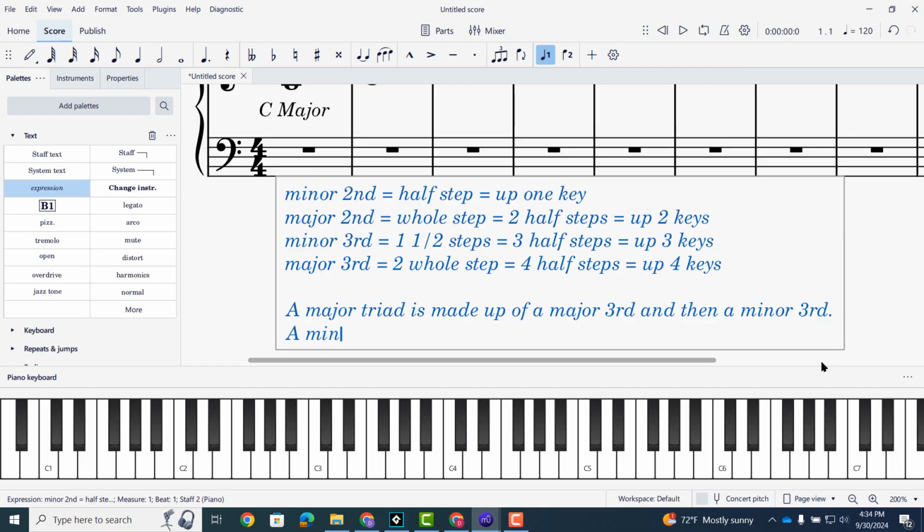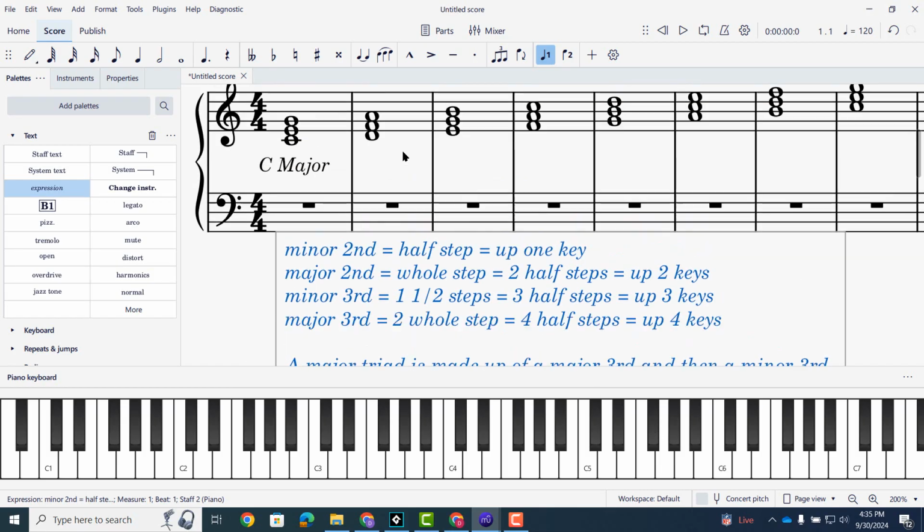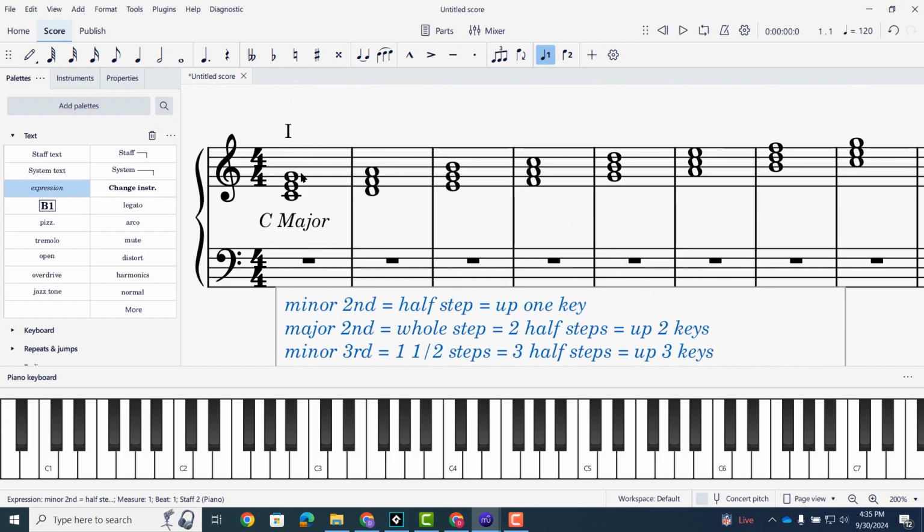We can say a minor triad is made up of a minor third and then a major third. So it's just flipped over from what we learned in the last one. So you start with a minor third, but then you have a major third on top. The interval between the top and the bottom of those stay the same.